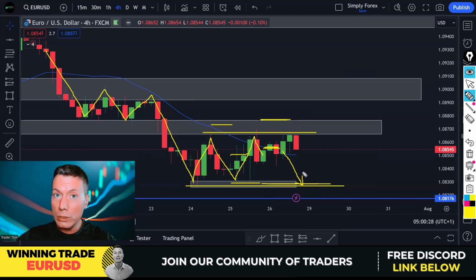So trade what you see, not what you want. And also take profit, right? If the market is showing you support and I'm selling, take profit, right? Because what this allowed me to do, I've taken profit off this Euro US dollar sell trade. So even if this trade went against me, I've already closed some profit, right?